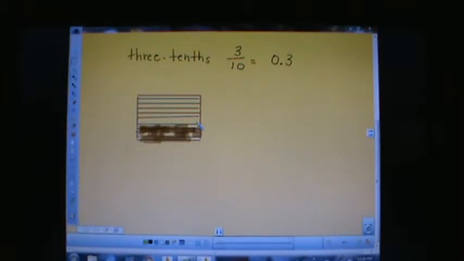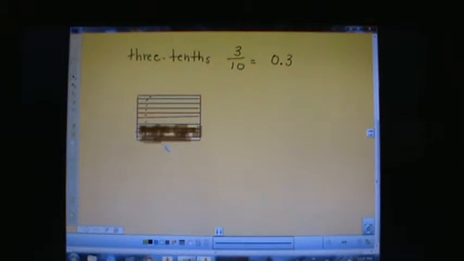Okay, first off, let's count and see how many little sections I have. 1, 2, 3, I can't see, 4, 5, 6, 7, 8, 9, 10.